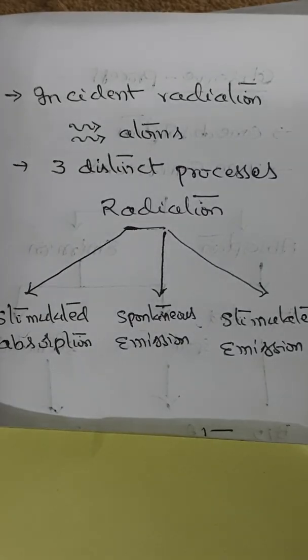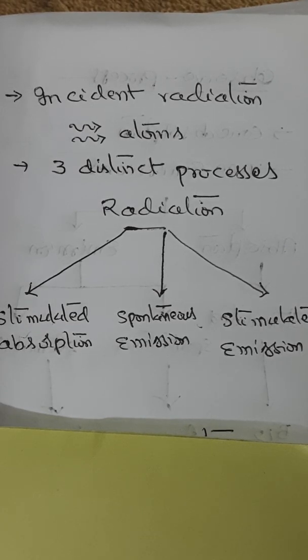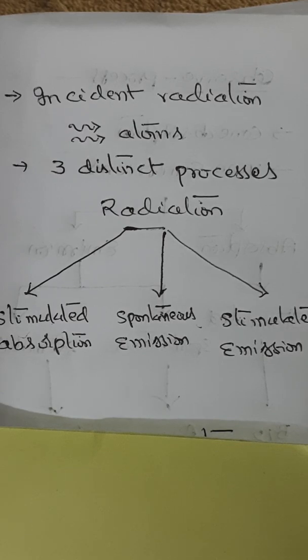So let us summarize what has been discussed in this session. We have seen that when the incident radiation, which is nothing but a photon, interacts with the atoms in the energy levels, there is a possibility of three distinct processes: stimulated absorption of radiation, spontaneous emission of radiation, and stimulated emission of radiation.